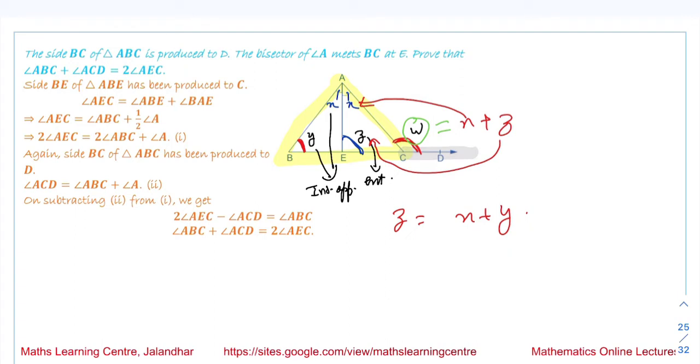First equation is Z is equal to X plus Y, and second is W is equal to X plus Z.